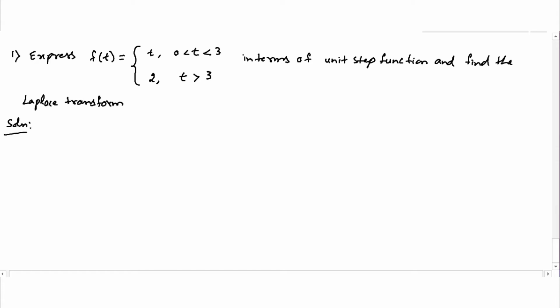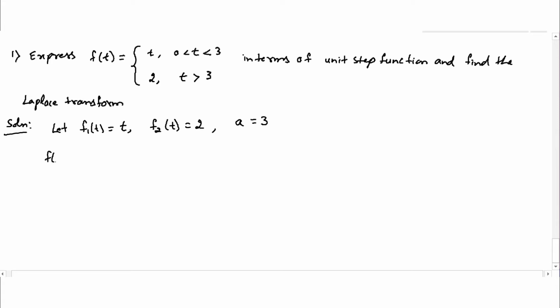So let's take the solution. If you observe, this function f of t is written in the form of property number 1, so I can apply property number 1 here. Let us take the first function f1 of t as t itself, f2 of t is 2, and the value of a is equal to 3. What does property number 1 say?